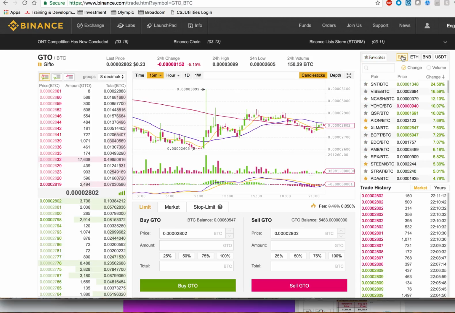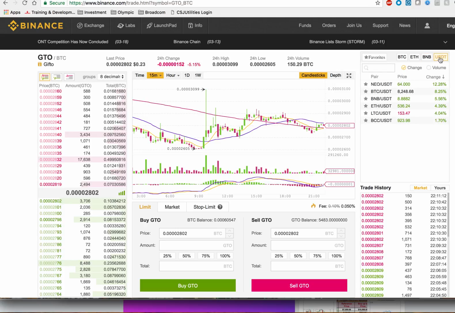So in this, BTC and Ethereum, you can use any of these currencies to buy or sell. And what it means is whatever coin you buy, it will be bought against Bitcoin or Ethereum, or BNB, which is their own Bitcoin, the Binance coin, and you can actually buy it using Binance coins also.